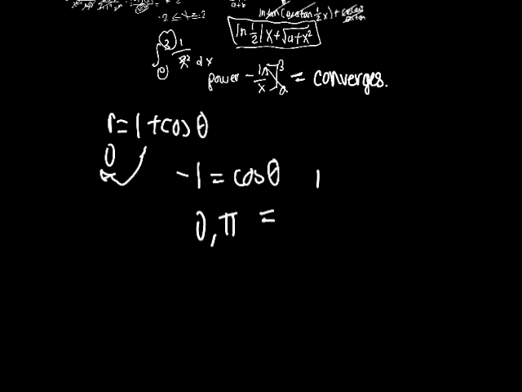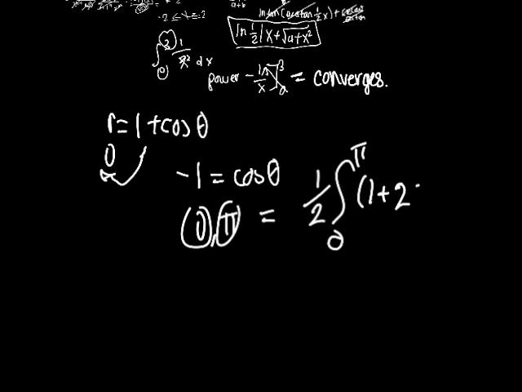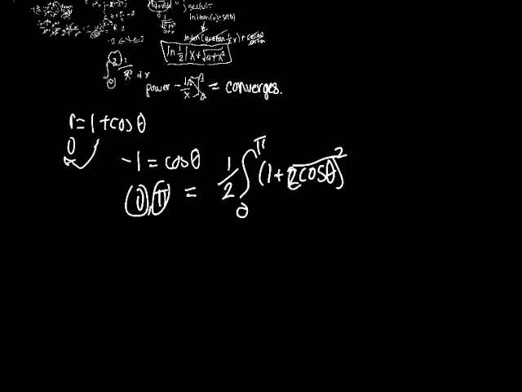So now we apply our formula. And we know that the formula is 1/2 integral from lower to upper, which we just found, of 0 to pi, of the r, which is 1 plus cosine, not 2 cosine, sorry, that was a mistake, cosine theta squared. Okay.